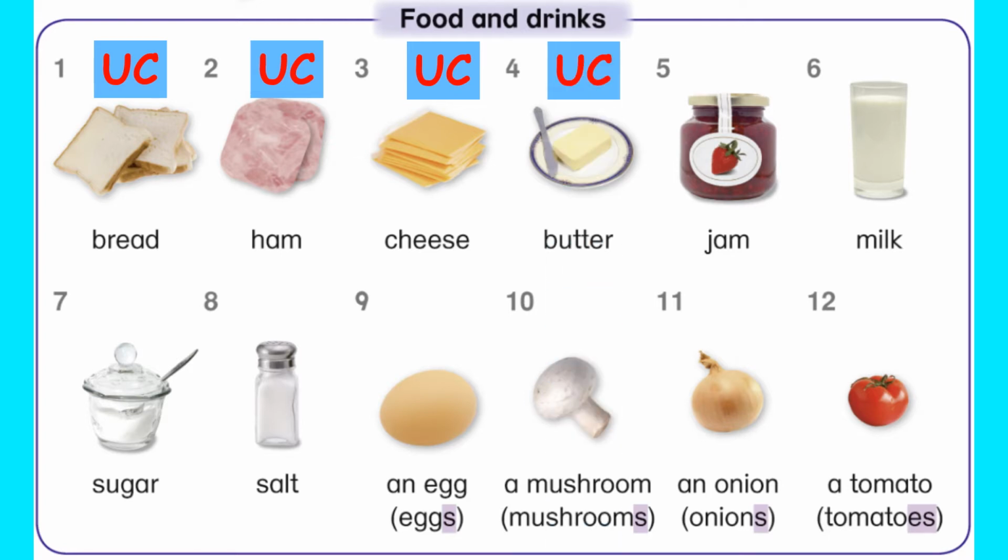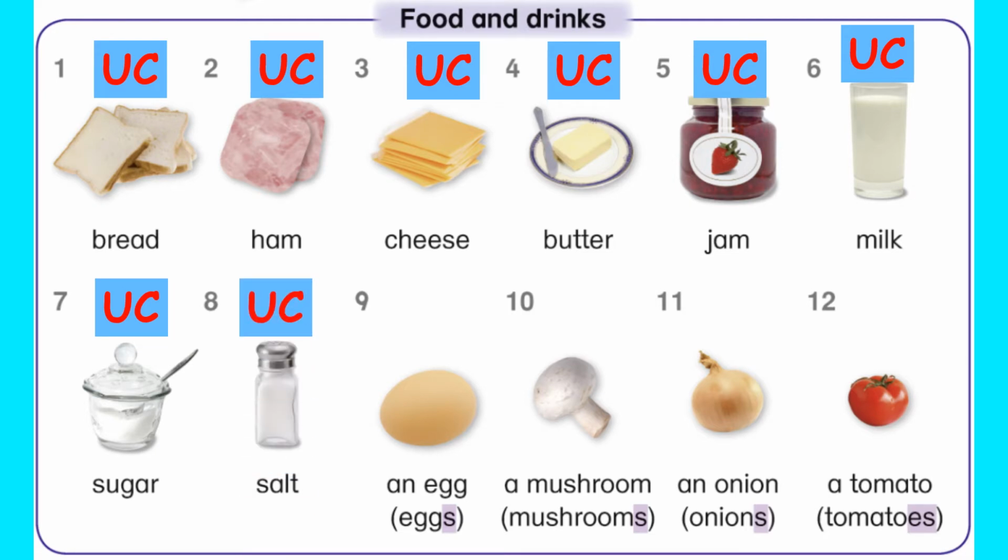Bingo, it's uncountable. Number 5. Jam. Yes, you're right, it's uncountable. Number 6. Milk. Good, it's uncountable again. Number 7. Sugar. Bingo, it's uncountable. Number 8. Salt.